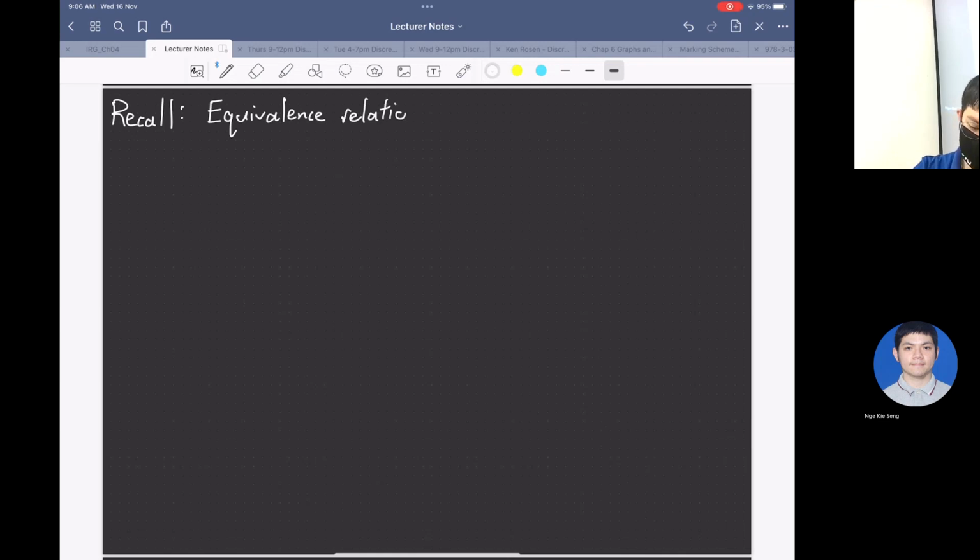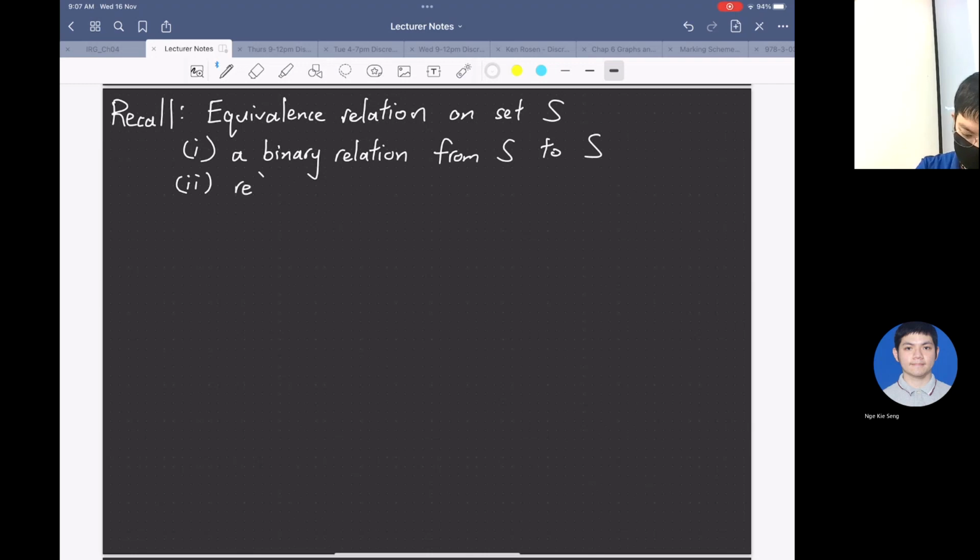First, it is a binary relation on the set X. It's a binary relation from X to X. Second, it is reflexive.